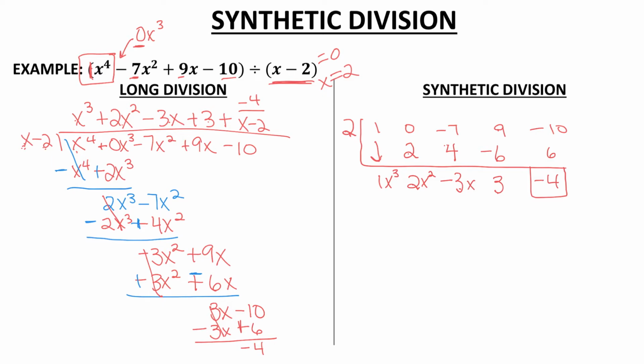So you can look and see my answer would be x to the 3rd plus 2x squared minus 3x plus 3 with a remainder of -4 divided by what I divided by, x minus 2. Okay, look at this. This answer is the exact same answer that we got here.